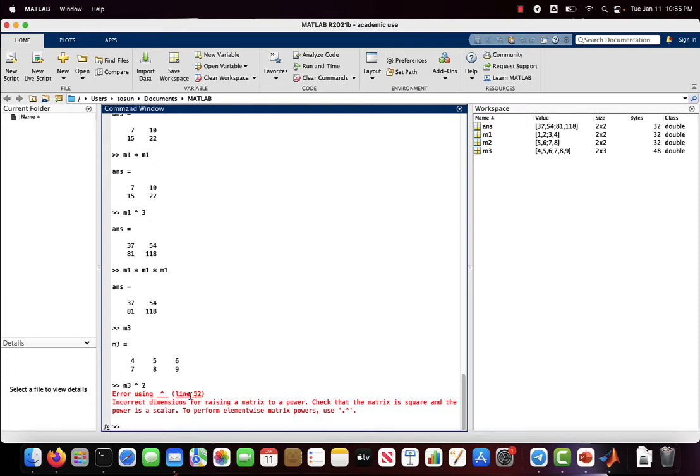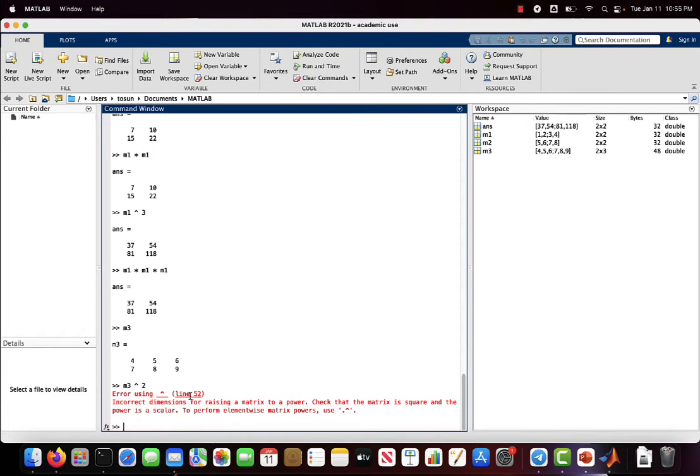Why? It will do a matrix multiplication, and to do a matrix multiplication we had a rule. What was the rule? The rule was the column count of the first matrix should be the same as the row count of the second matrix.